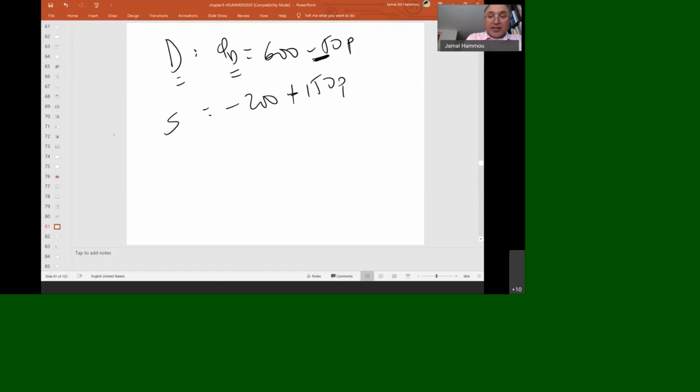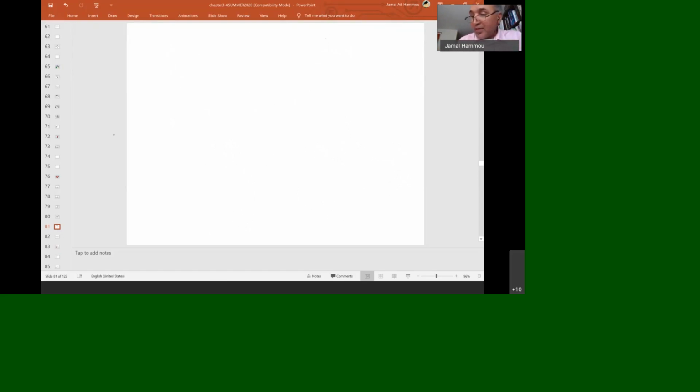So let's do this. We have to solve this equation. First, I started from the two equations, one that shows the relationship between the price and the quantity supplied, and one that shows the relationship between the price and quantity demanded. So let's define the demand as the equation that shows the quantity demanded equals 600 minus 50p, and the supply curve is a function that shows QS equals minus 200 plus 150p.